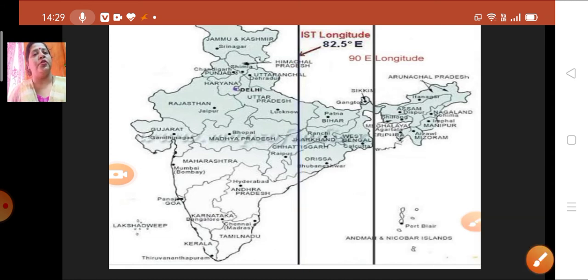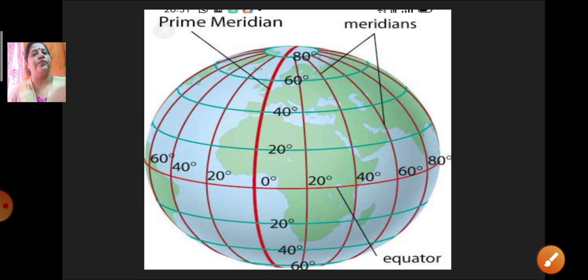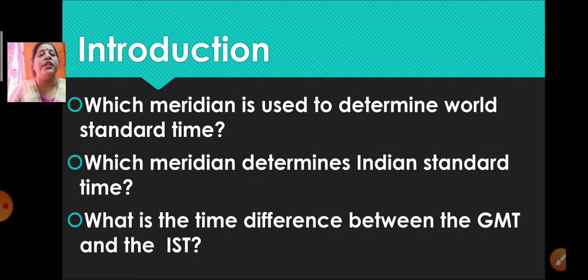Okay, so the next question. What is the time difference between the GMT and the IST? Just now I have told you what is GMT and what is IST. GMT is the World Standard Time, that is Greenwich Mean Time, and IST is the Indian Standard Time. Now what is the time difference between them?